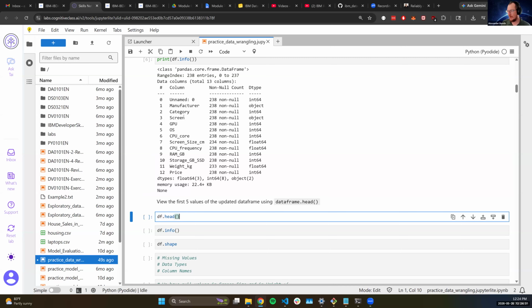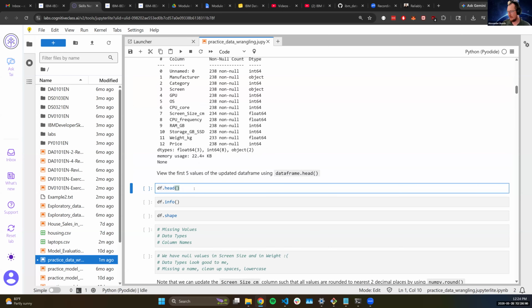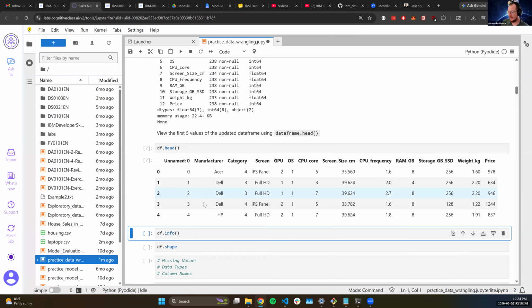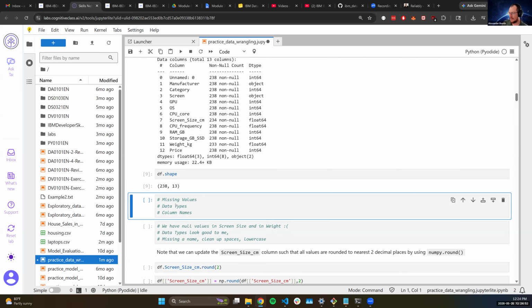I also like looking at column names. It looks like we could probably get rid of this first column or rename it to something useful. The rest of these you could probably lowercase, but they're probably fine. Basically, I'm trying to remove spaces and foreign characters from the column names. Again, we can already preview what the data looks like, and we're grabbing the shape of the data here.